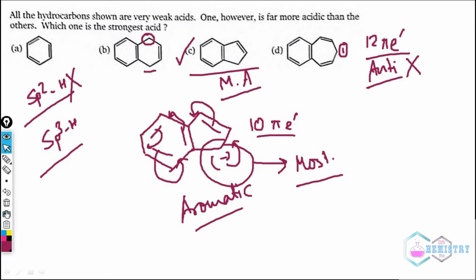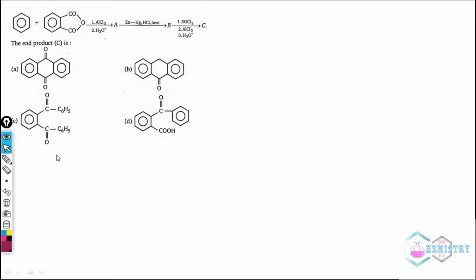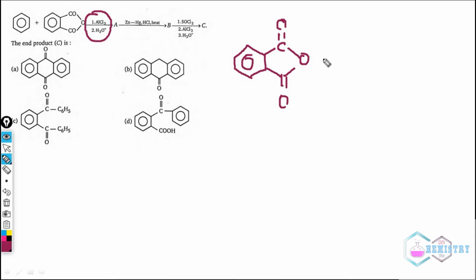Now the next problem. Now we can see this is AlCl3. So AlCl3 generally gets used in Friedel-Crafts acylation and Friedel-Crafts alkylation reactions. So this must be an example of Friedel-Crafts acylation and Friedel-Crafts alkylation reaction. How? Well, this compound, the AlCl3 will be acting as a Lewis acid.